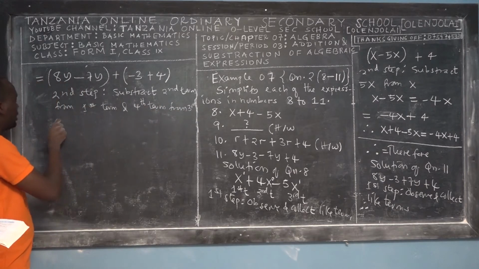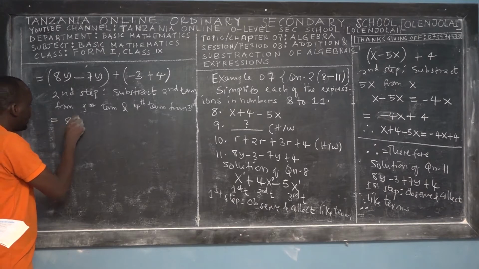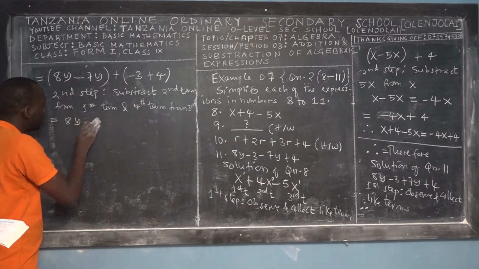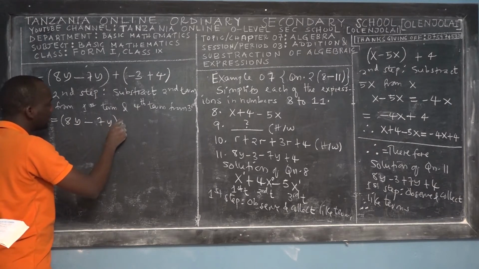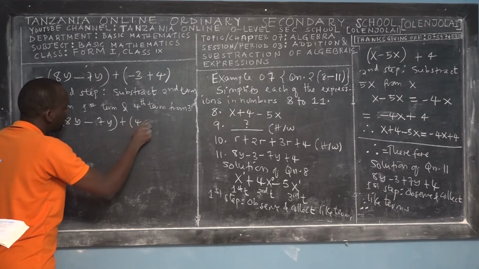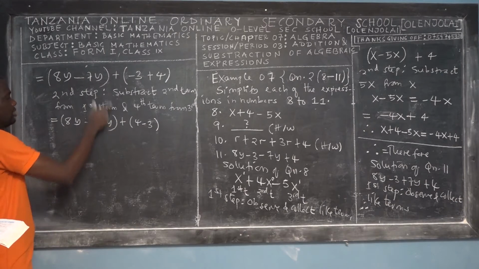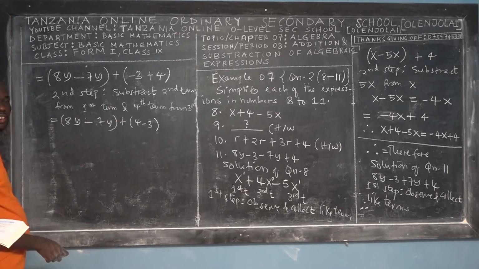What do I mean? I can write the same expression in this form without changing anything, and then we have plus 4 minus 3. I didn't change anything else there, right?